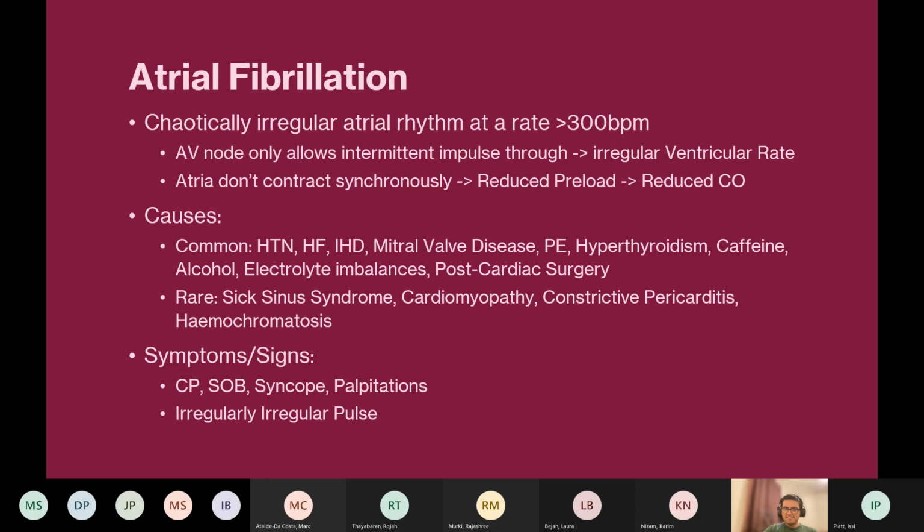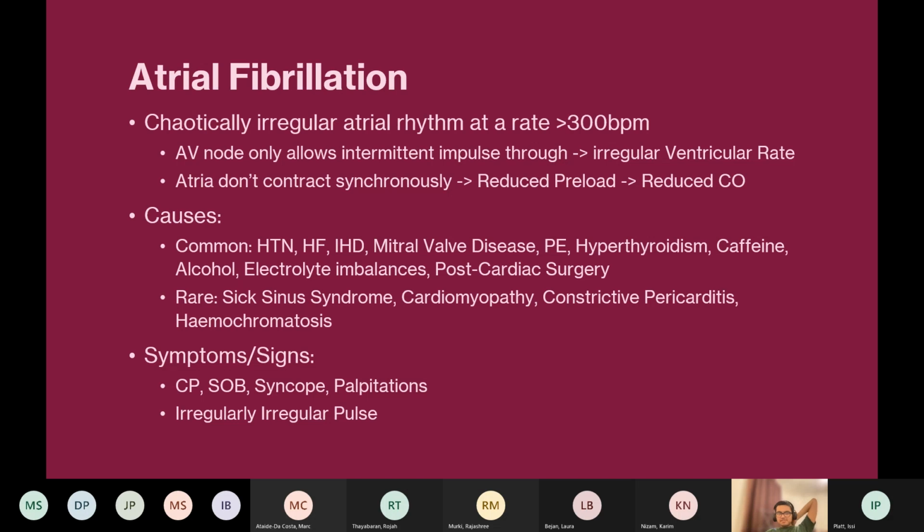A lot of the hospitals we rotate to don't have cardiac surgery, but if you're ever put through a patient as an F1 or F2 in that post, it's something to be aware of. And then you have your rarer causes: sick sinus syndrome, cardiomyopathies, hemochromatosis, constrictive pericarditis. Have a Google of holiday heart syndrome, because it's a fun one that sometimes gets asked about as well.